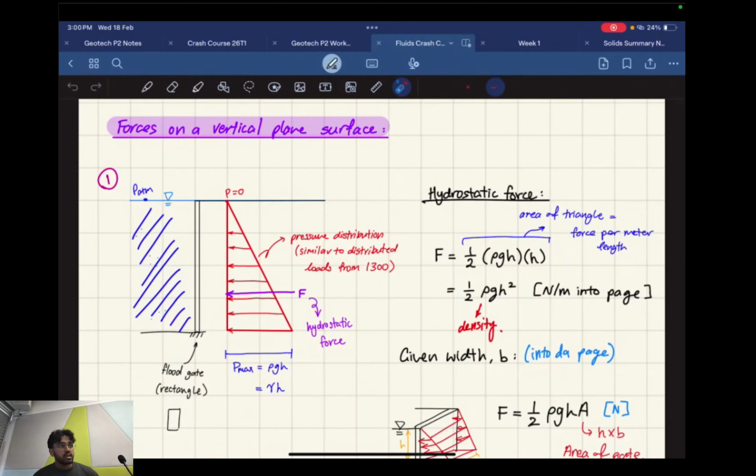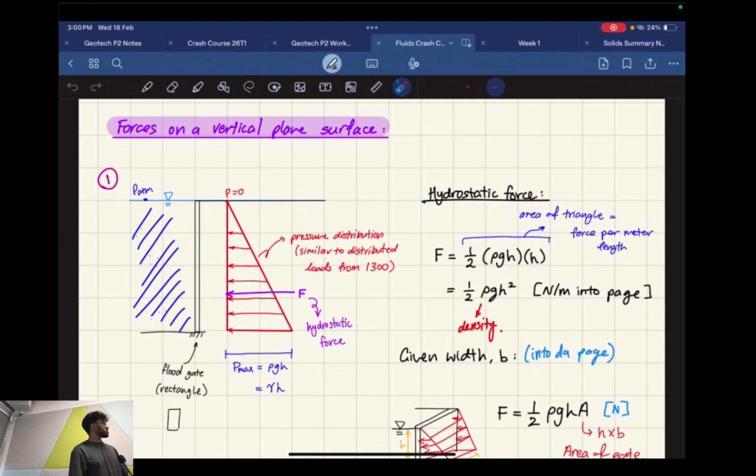A vertical plane, an inclined plane, and a curved plane. What that pretty much means is, imagine this is a flat gate, a sluice gate, which just means that you can open and close it. Imagine this is a flat plane and you've got water hitting it like this. It's submerged.